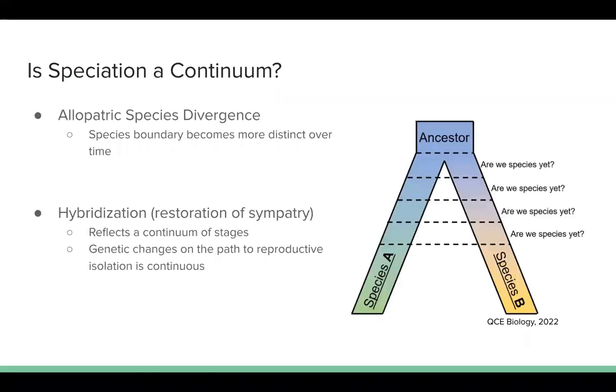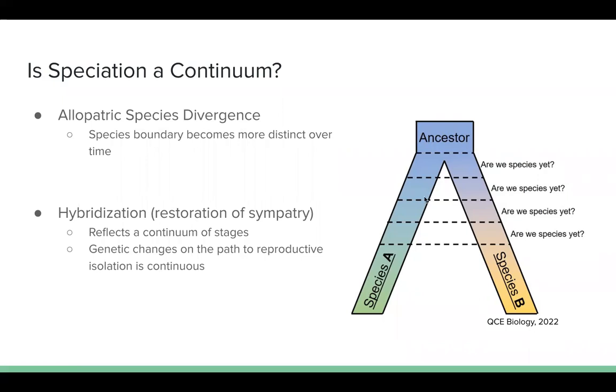So the second question I looked at was, is speciation a continuum? Or is the species boundary distinct? And so allopatric species divergence is a great example of this. And allopatric species divergence can be seen here, where the species boundary becomes more distinct over time.